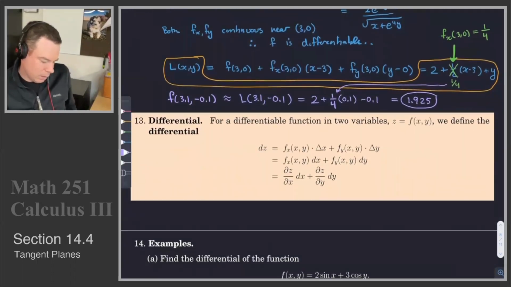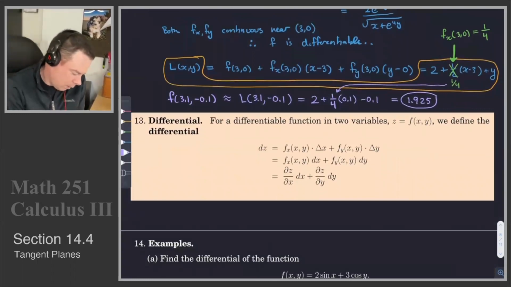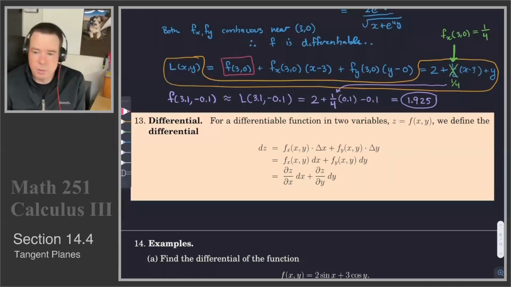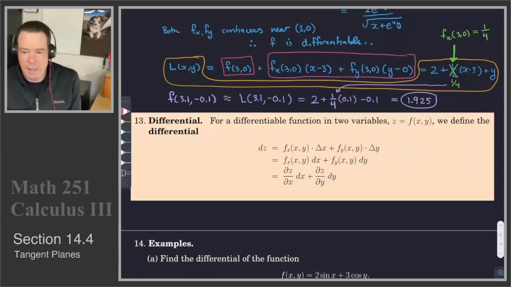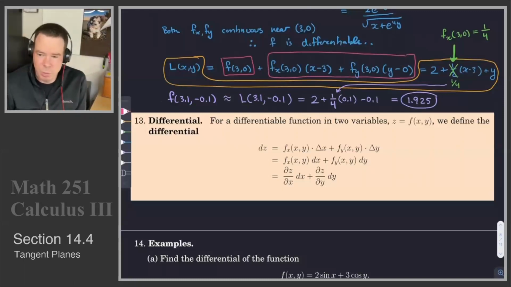Okay, now one thing I just want to point out is when I look back at my linearization, it's given by the point on the surface where you've constructed the tangent plane. And then when you move a little bit away from that, this is my adjustment factor. This tells me how much I have to add or subtract from my z value of the point in question because I'm moving away from that point.